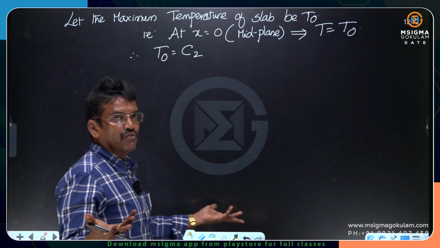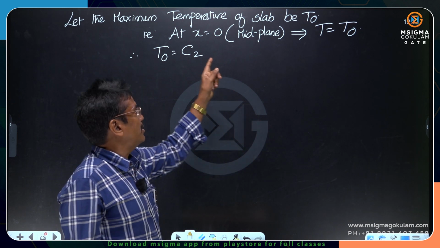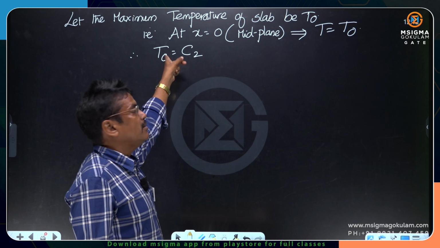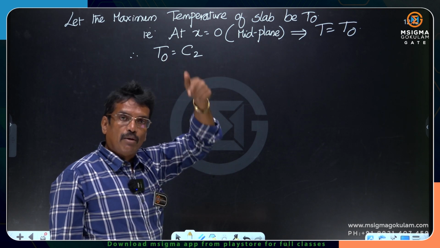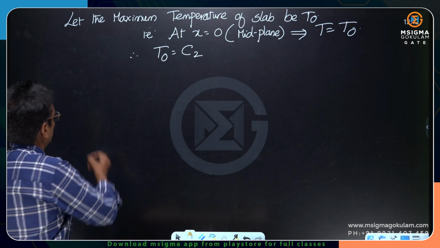We got both the constants of integration. One constant of integration C1 has become 0. The other constant of integration C2 has become the maximum temperature which you are observing at the midplane of the slab. So we got the temperature distribution.